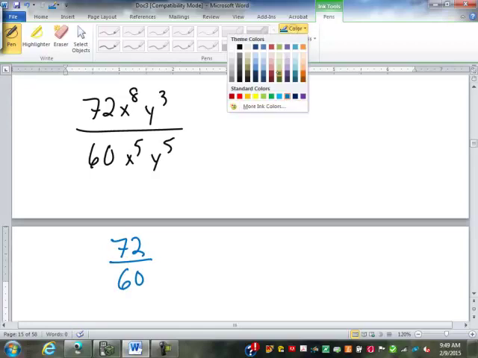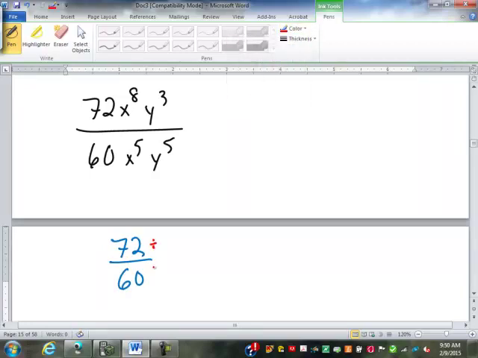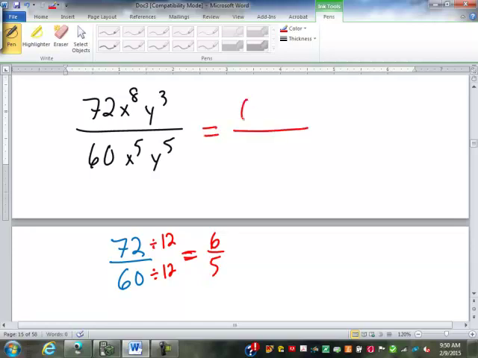What can both of those be divided by? 12 would work great. 72 divided by 12 is 6. 60 divided by 12 is 5. Can't reduce that any further, so in our answer, the numerical portion is 6 over 5.